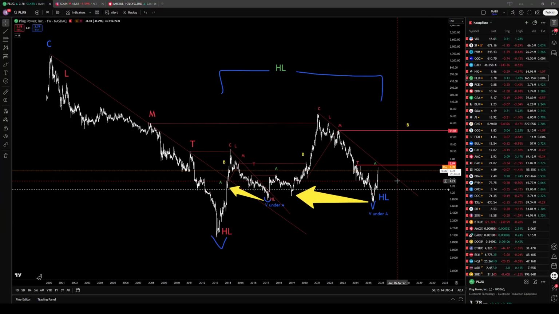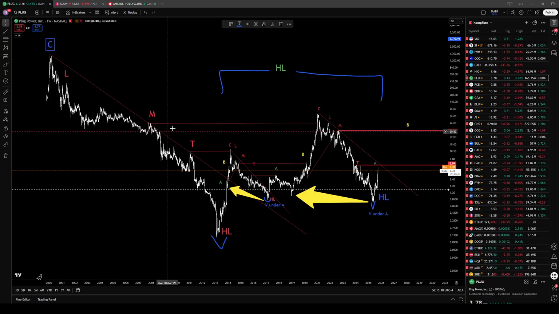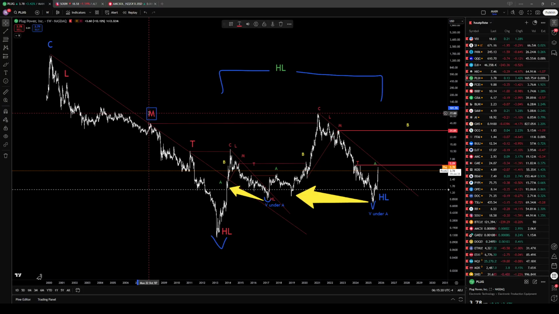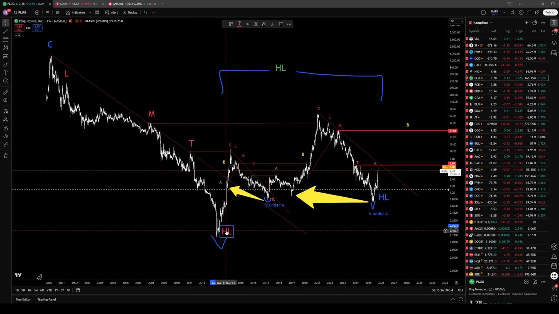For the normal smaller tracking, you have here your peak, your lower high, your midpoint here, your last time to sell here, and then you have your V and your higher low.